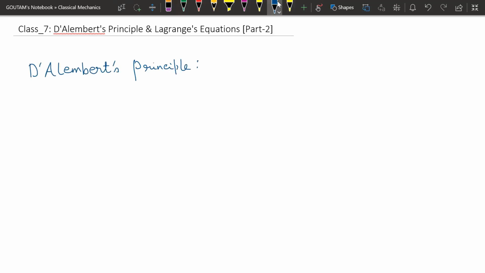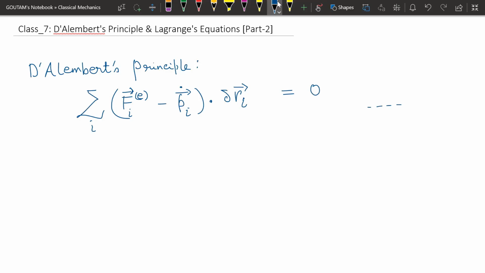The principle states that if there are n particles, and for the ith particle the external force on it is Fi, then the sum over all particles of (Fi minus the rate of change of momentum of the ith particle, Pi dot) dot delta Ri, which is the virtual displacement of the ith particle, equals 0. Let's call it equation 1.